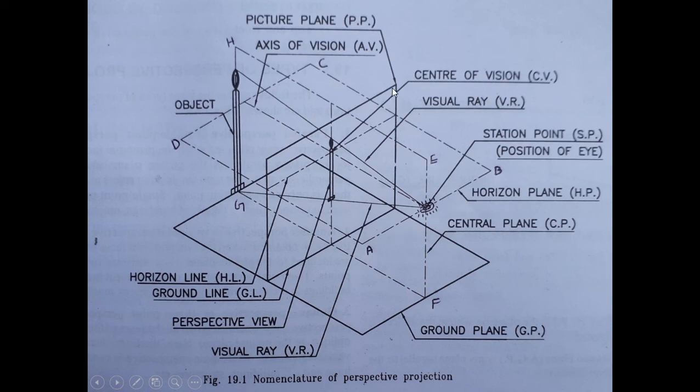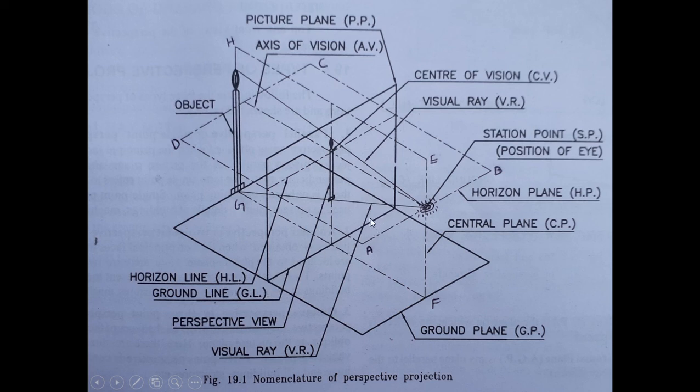Now you have the image you are getting in this picture plane. So you have the picture plane. Now this line, the front view of the ground plane, is the ground line. Here this is the ground line.